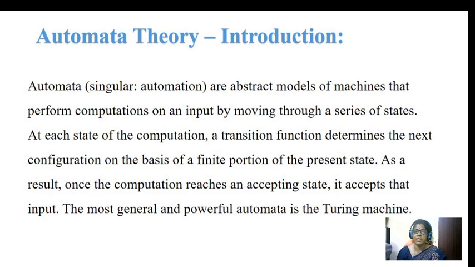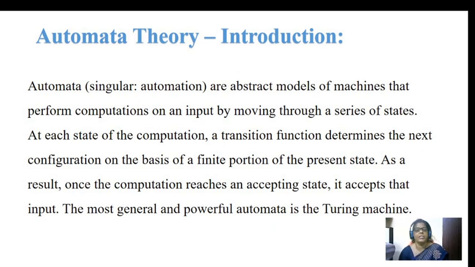So these are the steps taken by the automatic machine to proceed with the process. The states and the process are done automatically by the machine. That machine is called an automatic machine.